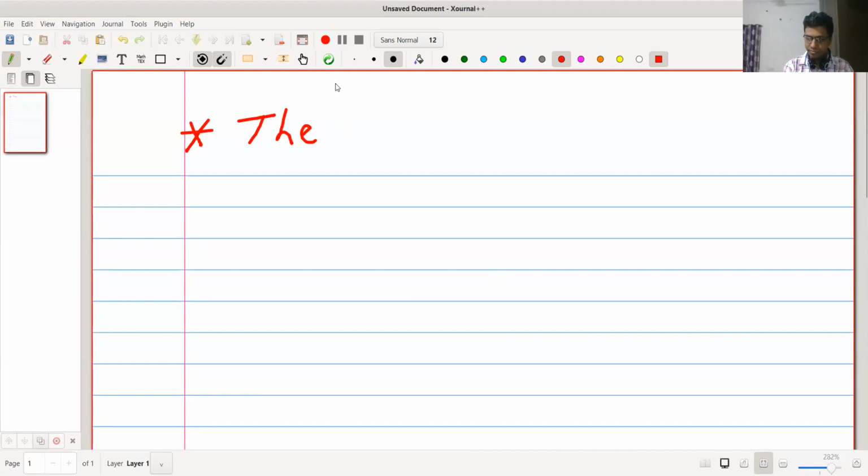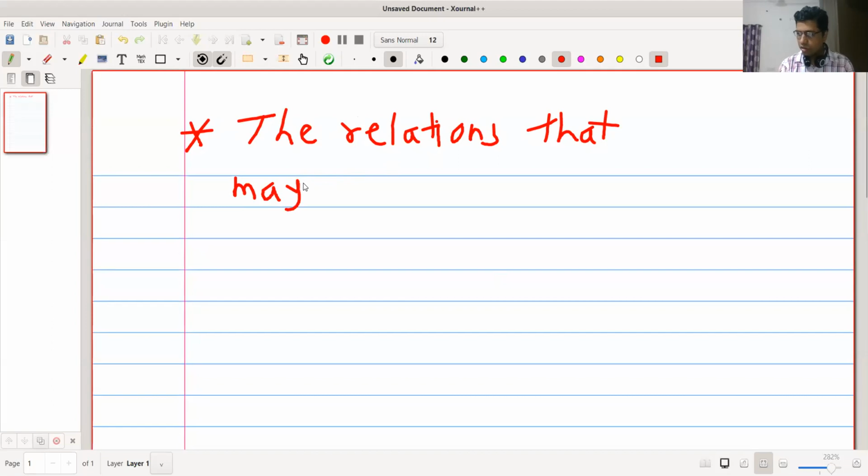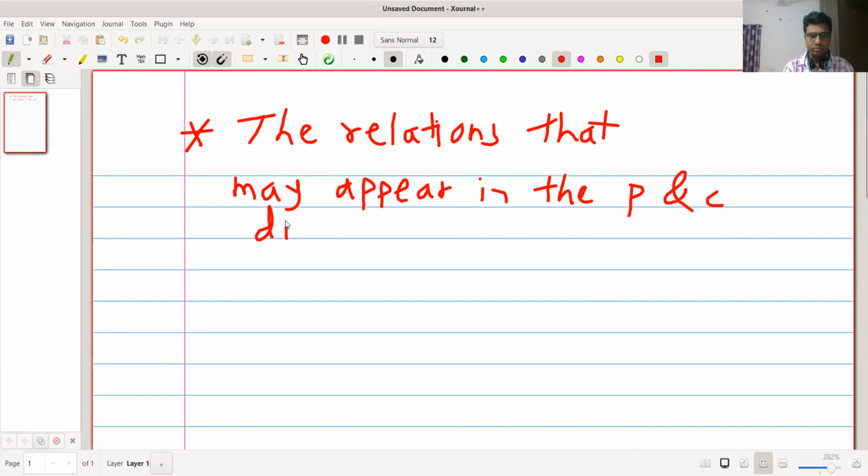The relations that may appear in the P and C discriminant which are not solutions.